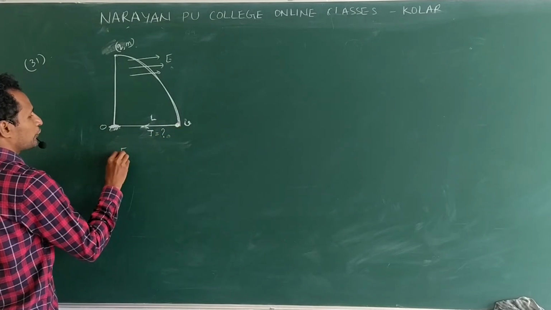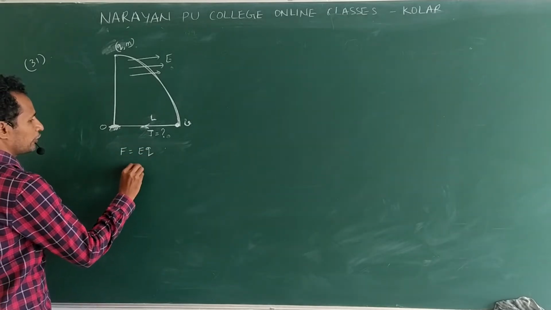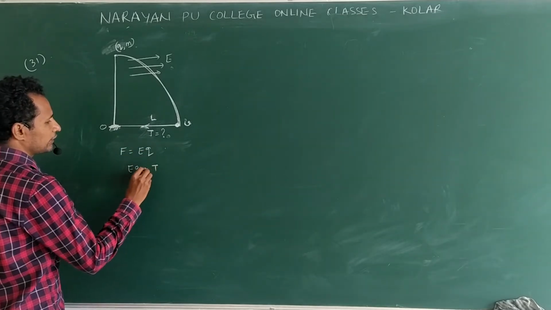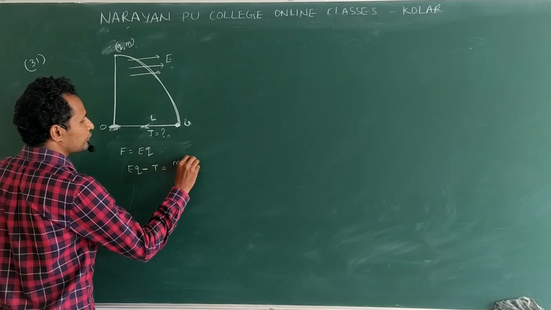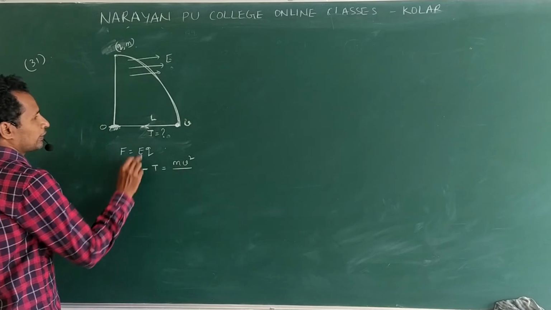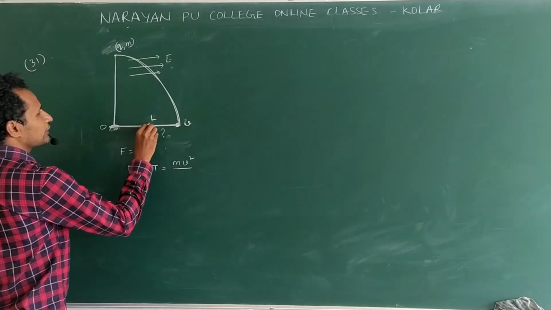The electric force F is equal to EQ. So EQ minus T is equal to mv square by, what is the distance, the radius or the length?